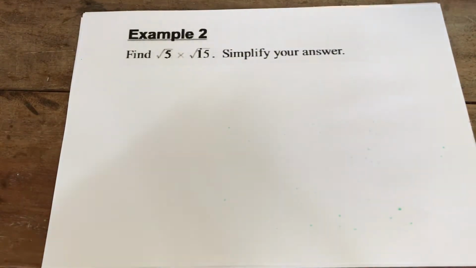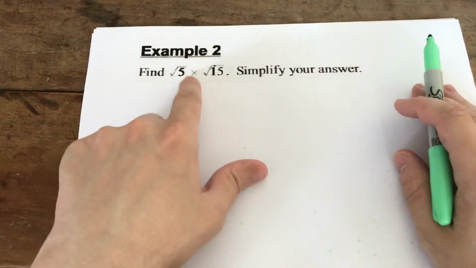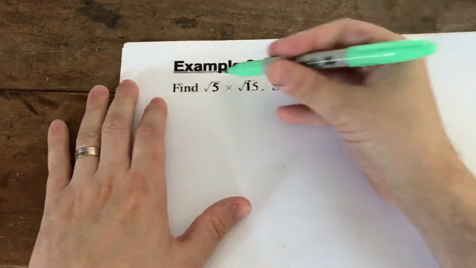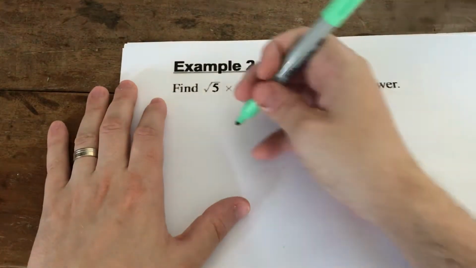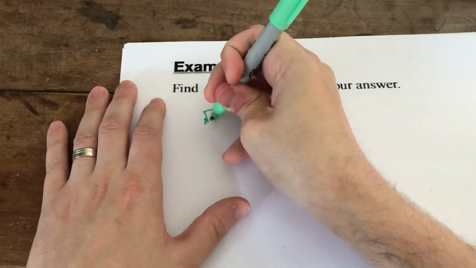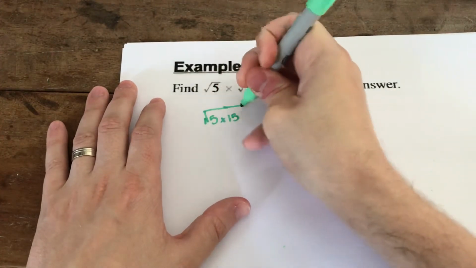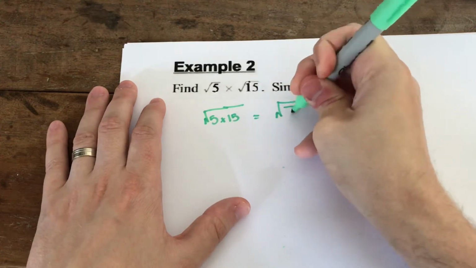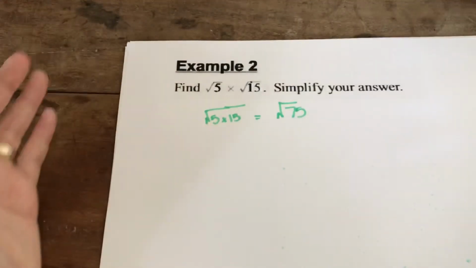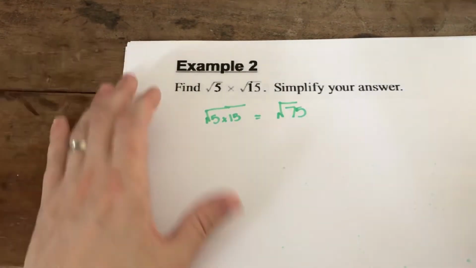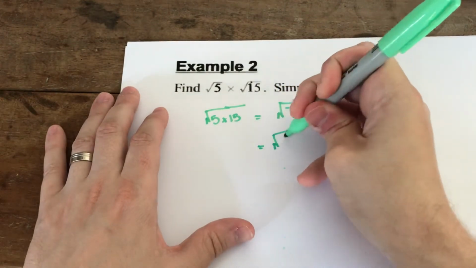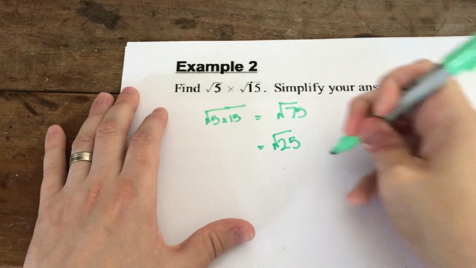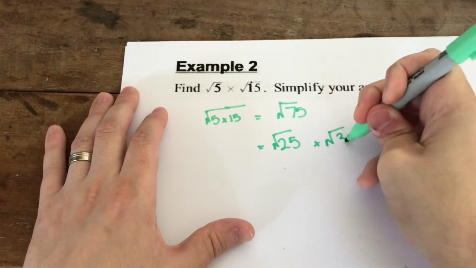If we have a look at this question here, it says find this, then simplify your answer. So you're going to do 5 times 15. So the square root of 5 times 15, and that gives you the square root of 75. Now that's not your answer simplified, because 25 goes into this and it is multiplied by 3 to give you that.